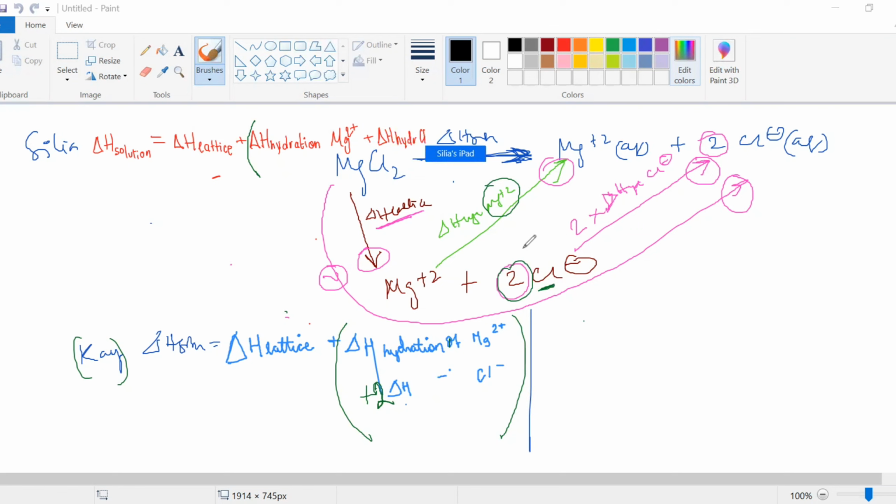Is it clear? How much? Can you guide me, Celia? 2 Cl- is there. Yeah, multiply by 2, you're fine. Why did you rub that? Did you get this? No, because I put 2 but you put 2 in front. Oh, okay, no worries.